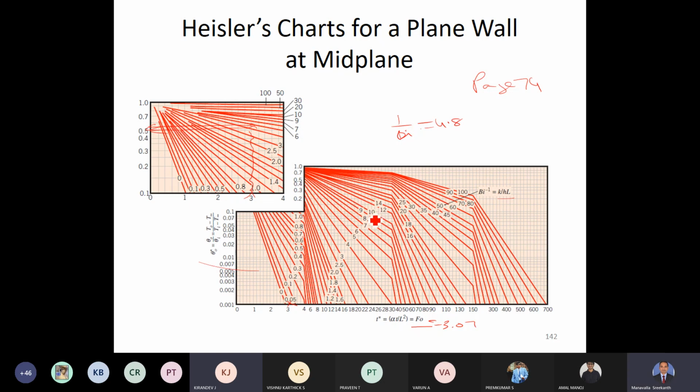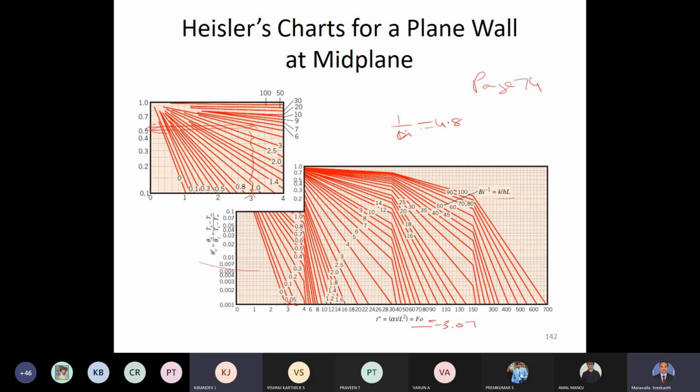Okay. So we'll also confirm this from the Heisler chart that we have in the data book. In the data book, on the x-axis, the Fourier number is 3.07, almost 3, and the Biot number is 0.21.